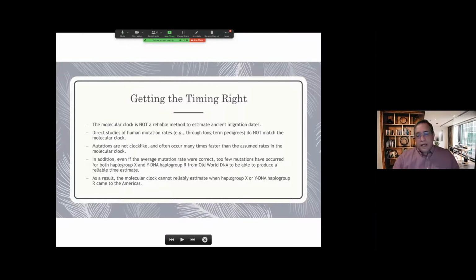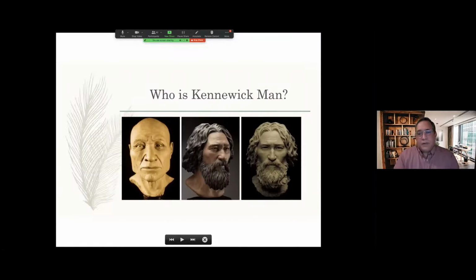There's one other timing issue for haplogroup X. This one applies just to haplogroup X, and that is an individual named Kennewick Man. Kennewick Man was an ancient Native American. His skeleton was found in the Washington State area. On the slide, these are artistic recreations that were made based off of the skull.